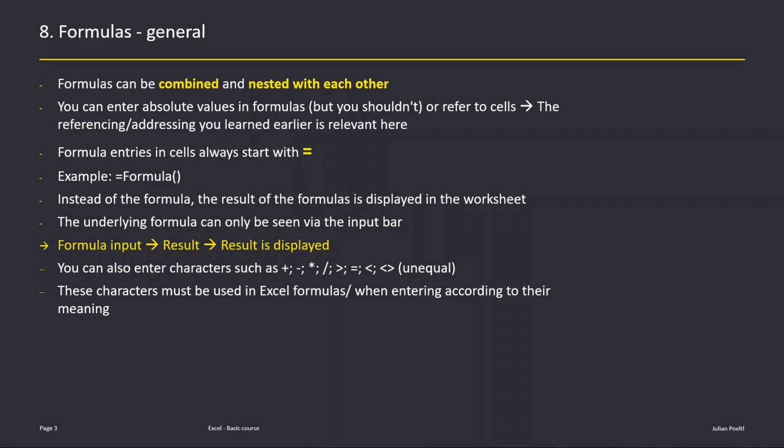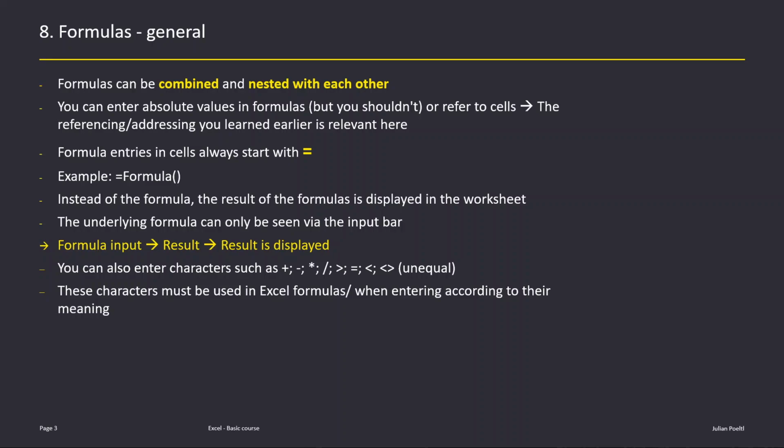So you input a formula and then there's a result, and only this result will be displayed in the table. You can also enter characters such as plus, minus, multiplication sign, dividing sign, larger, equal, smaller, or unequal.